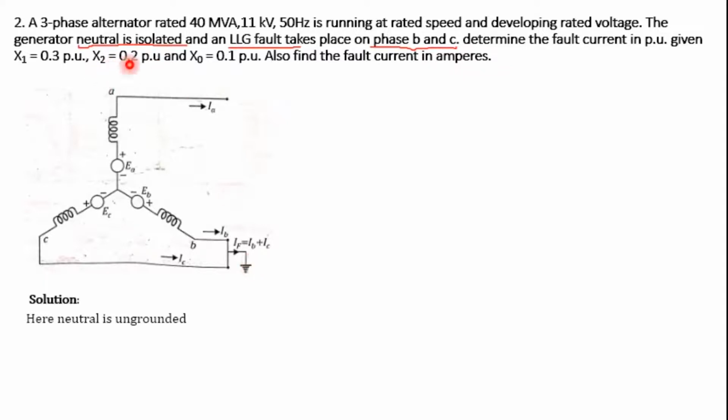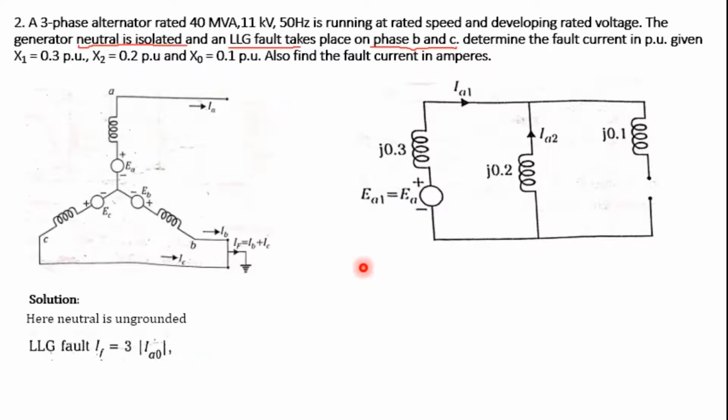First thing to note down here is that the neutral is isolated. What is the expression for the fault current under a double line to ground fault? It is I_F equal to 3 times I_A0, so it is in terms of I_A0. To calculate I_A0, we should know the interconnection of the sequence network diagram.